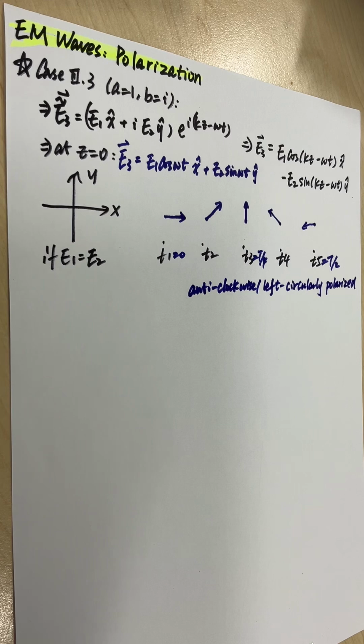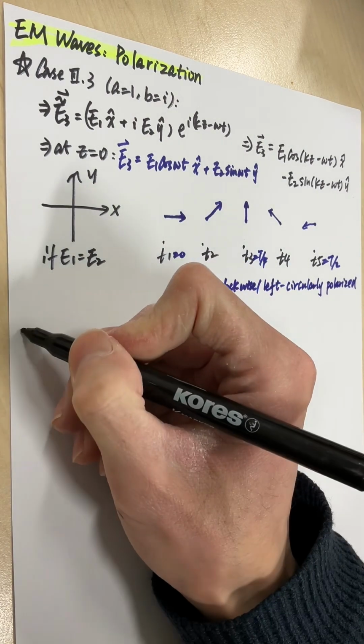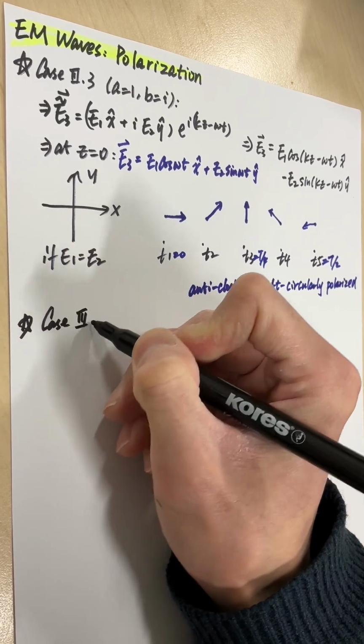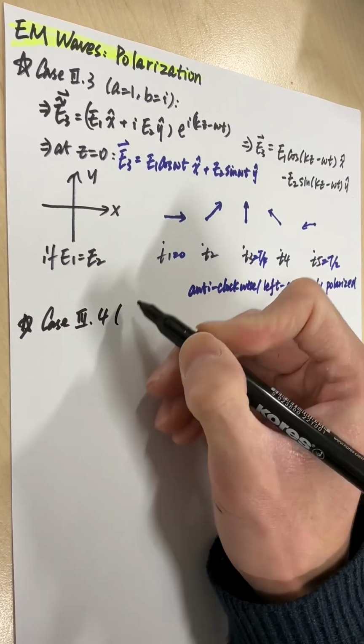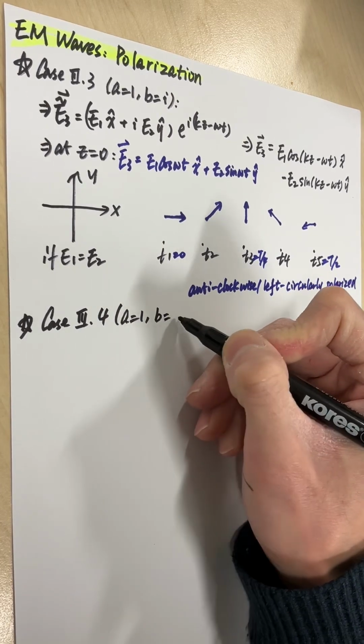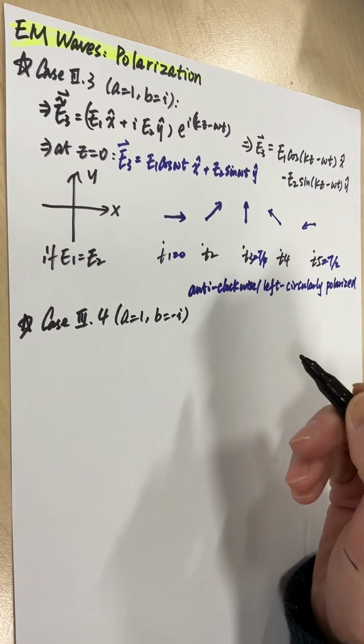So this is a very classic example. And now one more example, we have case 3.4. We have A equals 1, B equals minus i. What do I have?